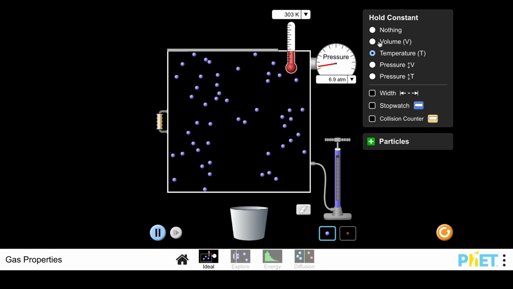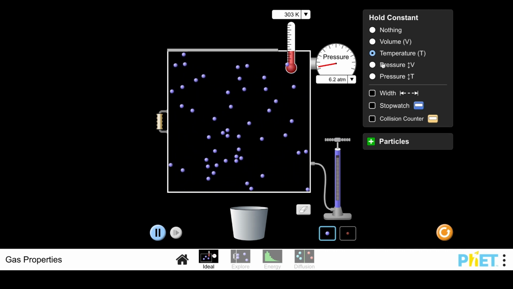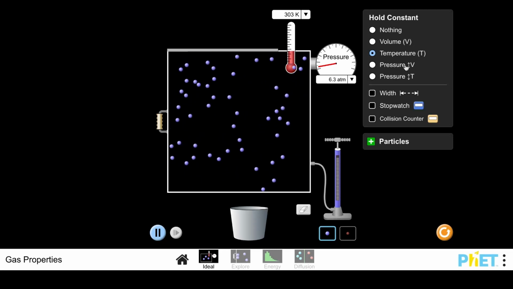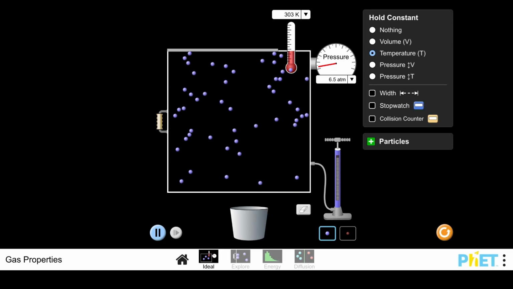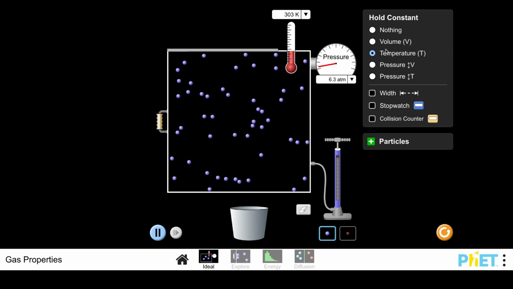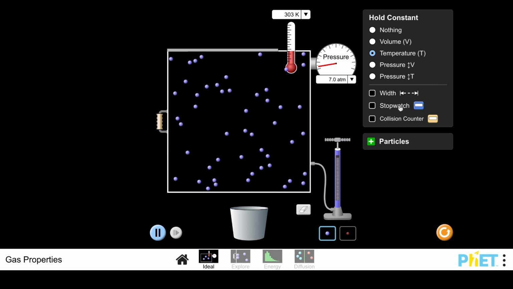And as the volume decreases, the pressure increases. So this is why volume and pressure are inversely related, inversely proportional. Because when one thing goes up, the other thing goes down, and when the other thing goes up, that thing goes down.